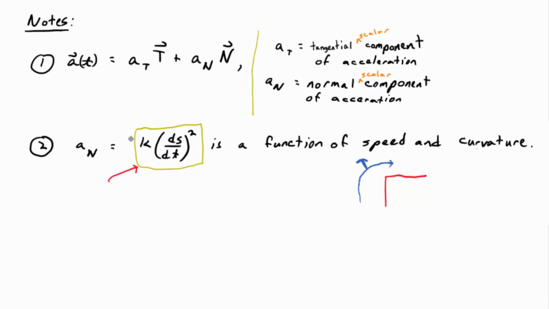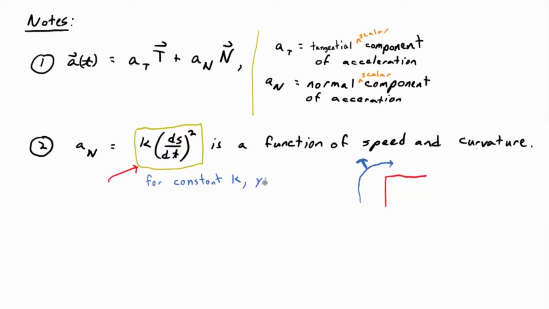Well, look, I'll just say it this way: for constant curvature, so assuming k is not changing, if you double the speed, what's going to happen to the normal scalar component of acceleration? It's going to quadruple because of its ds dt squared, right?